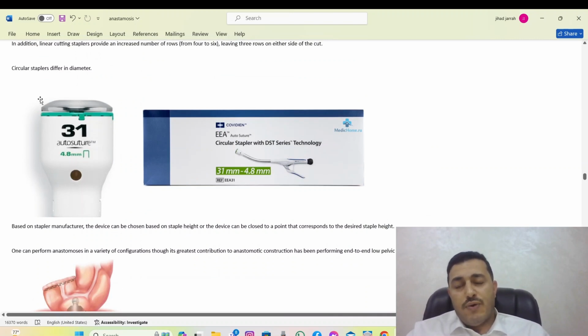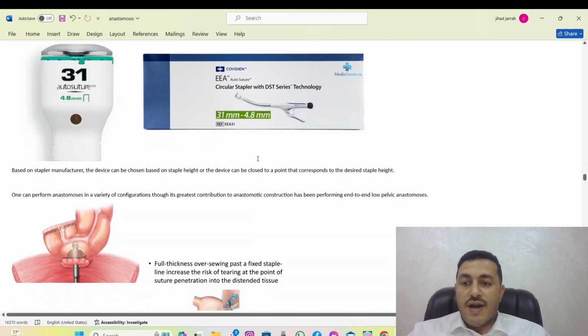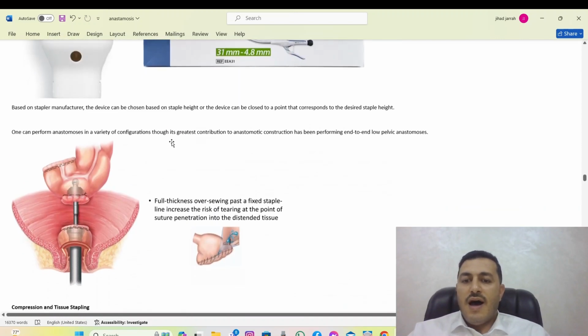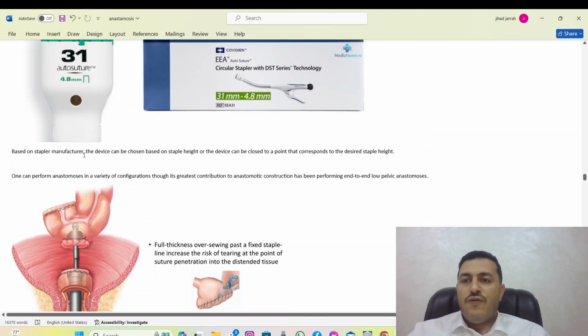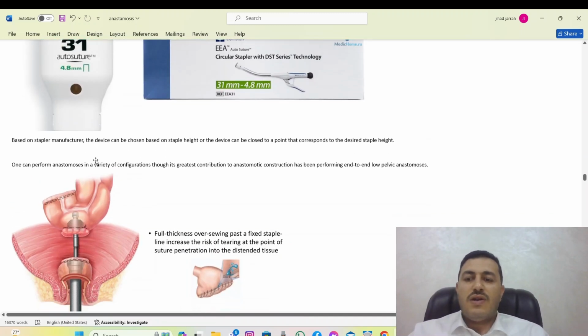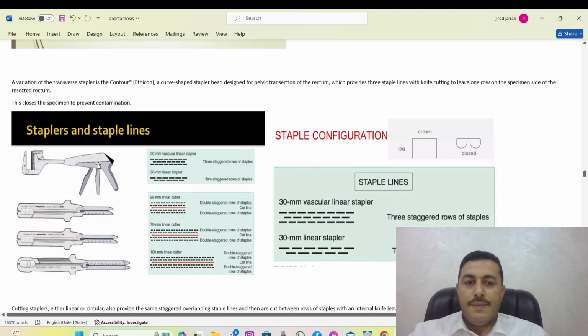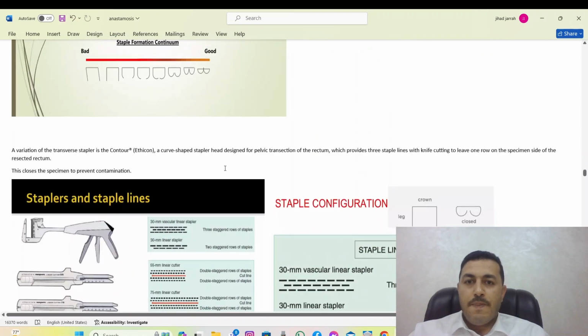So we have to use the appropriate diameter. For example, we cannot use a small diameter in the lower GI, so a stenosis can occur. Okay, so this is regarding the circular stapler. I just mentioned this picture of, commonly we use circular stapler for low pelvic end-to-end or side-to-end anastomosis. Okay, we discussed this issue.